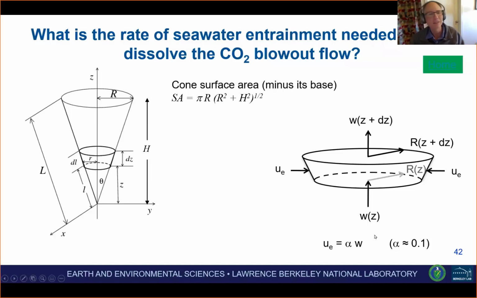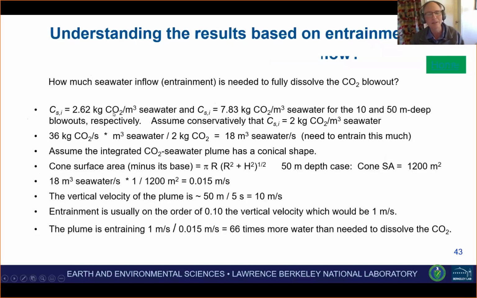So I did the same kind of order of magnitude analysis, looking at my mass flow rate of CO2 and the solubility, to get how much seawater I would need to entrain. I need 18 cubic meters per second.